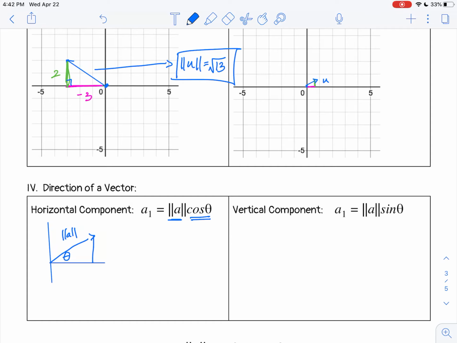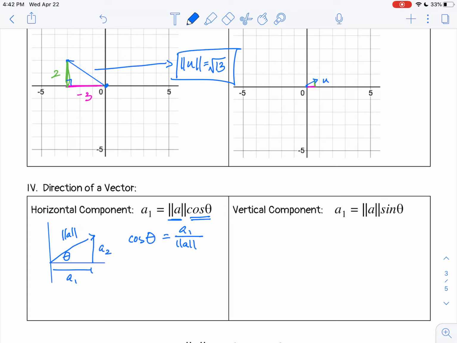And this is my theta. I know the bottom part is what we call A sub 1, and the vertical part is what we call A sub 2. So if I use what I know about right triangles, I can say that cosine of theta equals A sub 1 over the magnitude of A.